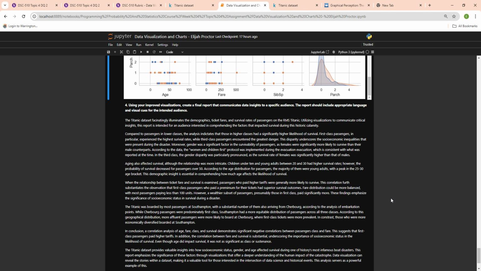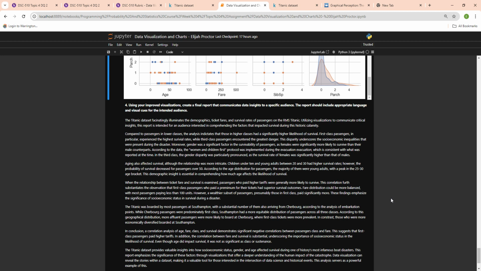The analysis shows that the passengers in higher classes had a much better chance of surviving, with first class passengers having a better chance of survival, and third class passengers faced the most danger. And this is highlighting the socioeconomic inequalities on the Titanic.